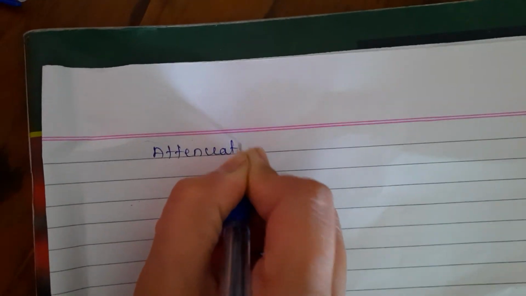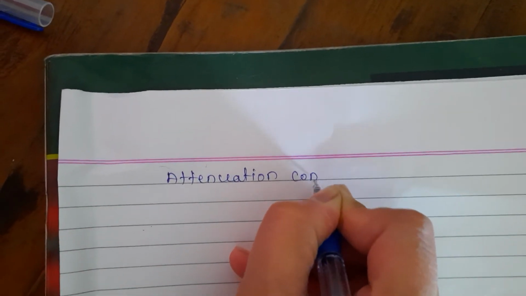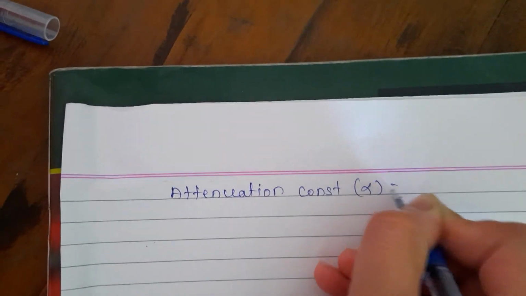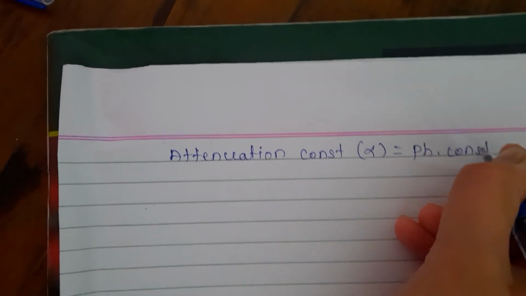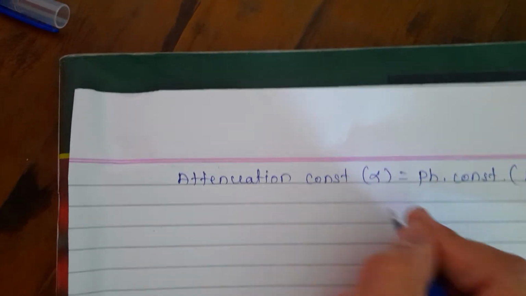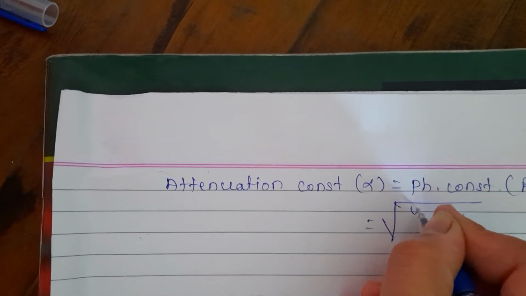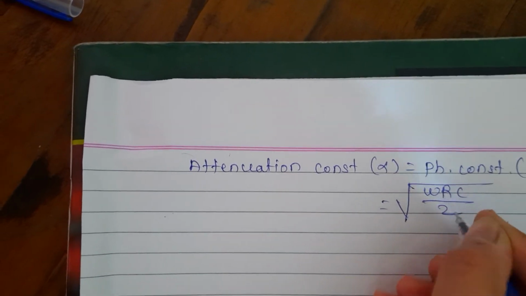Next, attenuation constant. Attenuation constant alpha is equal to phase constant beta, that is equal to square root of omega RC by 2.